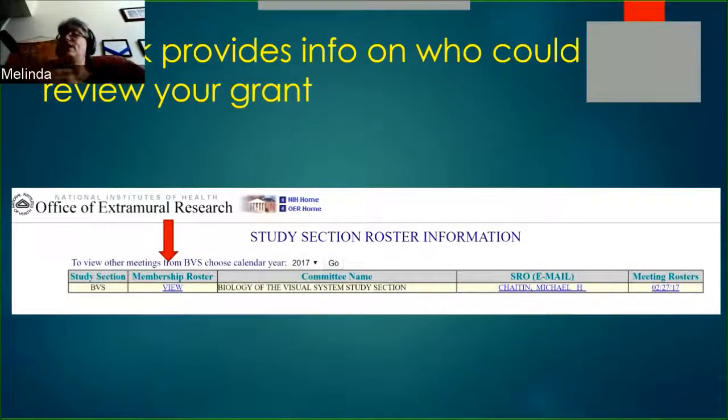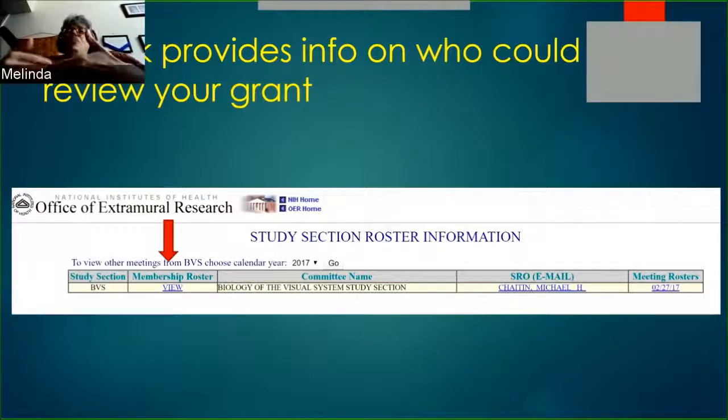This is a case also where having that Aims page helps. You could email the SRO your Aims page and just say, I think this is the study section my work would be reviewed under. Here's my Aims page. Do you concur, or do you think that this work would go to a different study section? The SROs are usually pretty good about being willing to tell you whether, in their opinion, your work is in the scope of their study section or not.